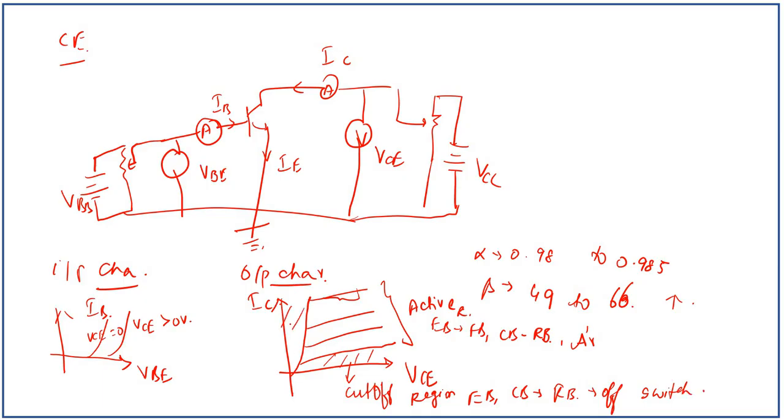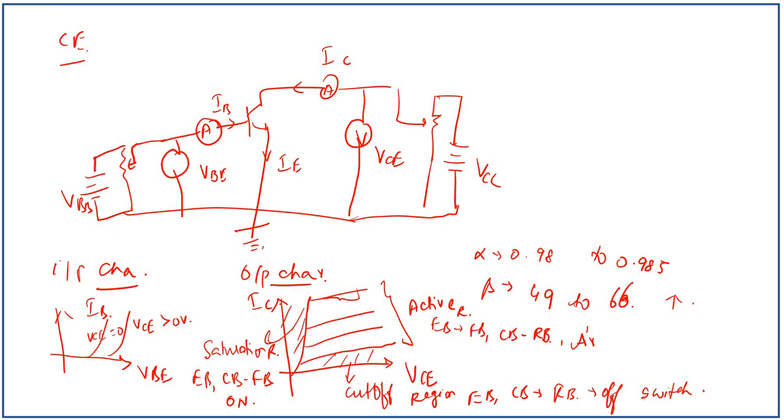Here this region is called the saturation region, where the emitter base and the collector base junctions are forward biased and it acts as an on switch. So the transistor applications, as we know, it works as amplifier and switch.